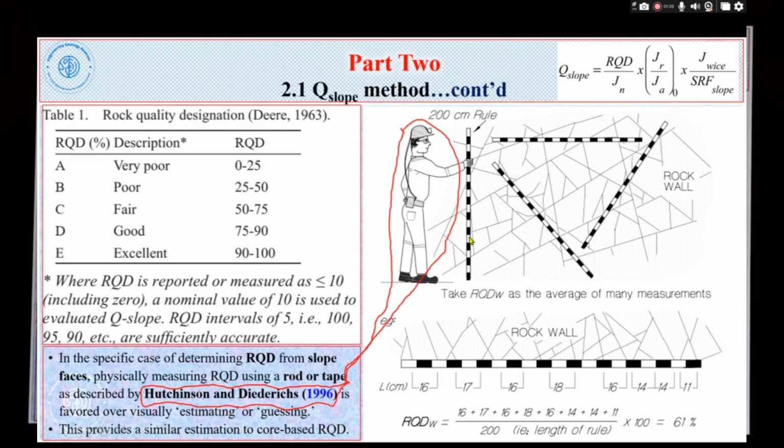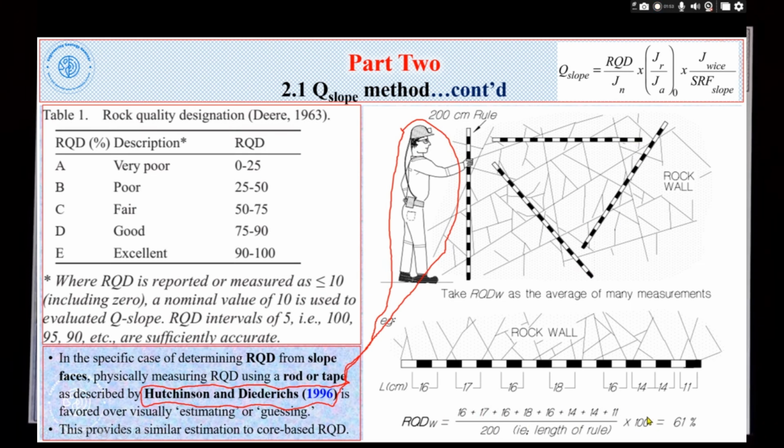Then you sum up all those that are greater than 10 centimeter and divide it by 200, that is 2 meter.